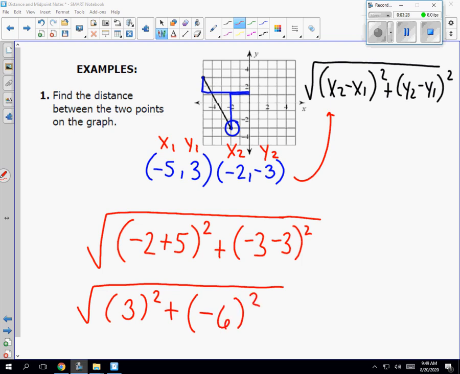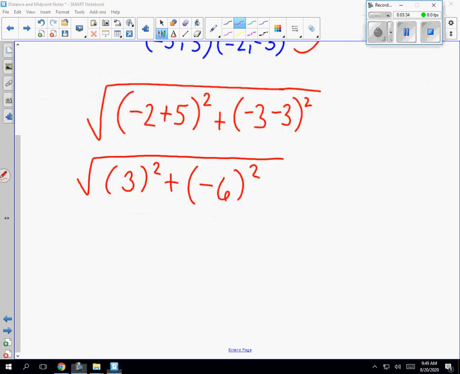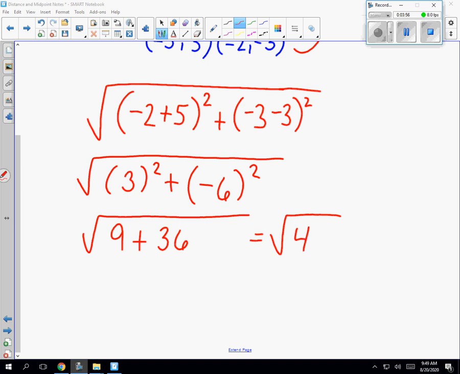And now you need to do your exponents. So 3 squared is the same thing as 3 times 3, so that is 9, plus -6 times -6, which is 36. And then 9 plus 36 is 45, square root of 45.